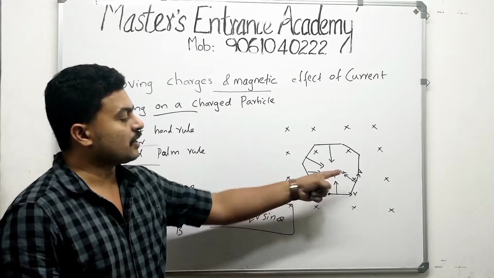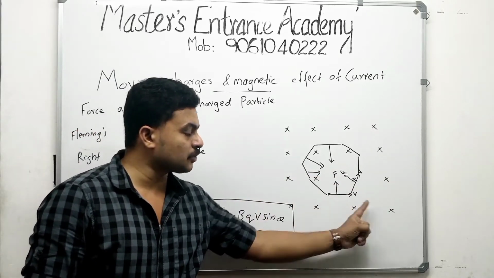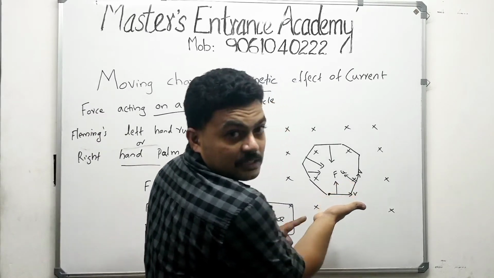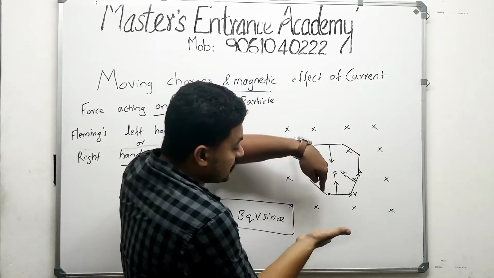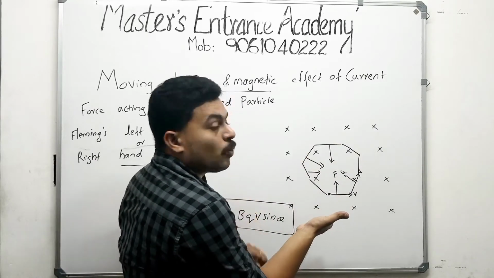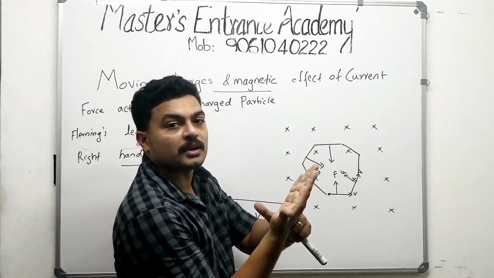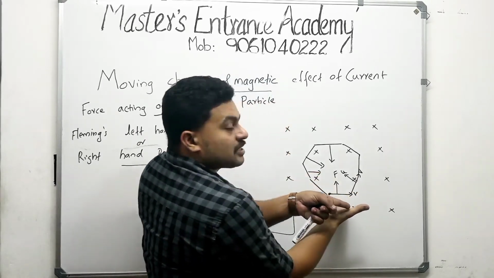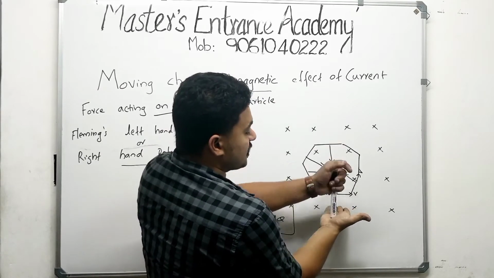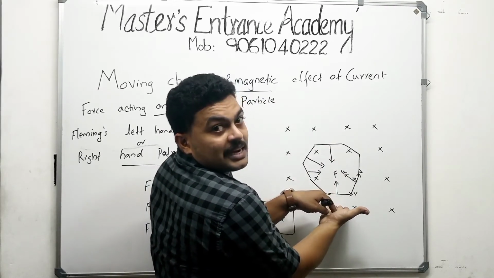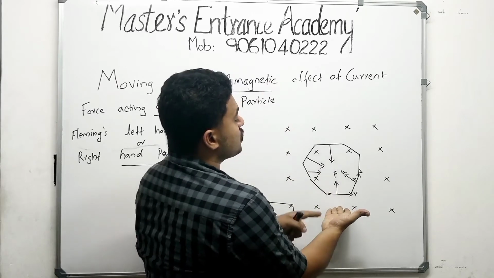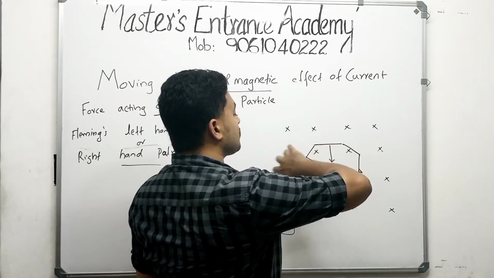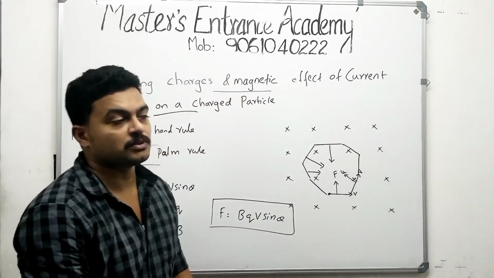The charged particle moves with a velocity from here to here, so we place our thumb in this direction. The forefinger points into the board, as the magnetic field is into the board. The center of the palm indicates the direction of force, which is upwards. At each instant the force acts like this.